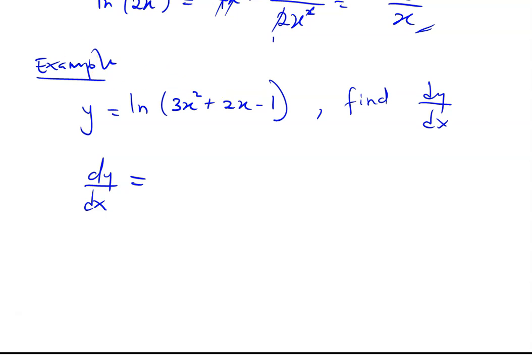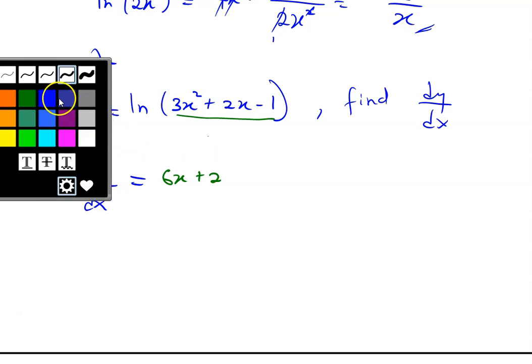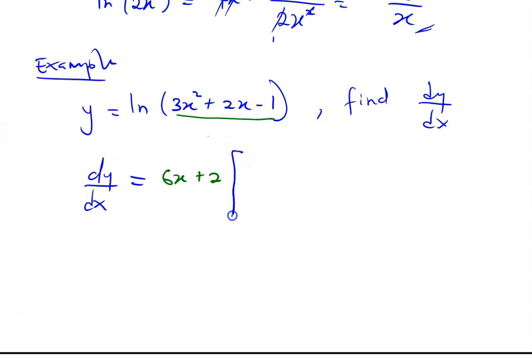You differentiate what is inside. So differentiating what is inside, I'm going to get 6x, since 3x squared gives 6x, plus 2. Are you okay? Then the remainder is going to be what is inside becoming a fraction of 1 on 3x squared plus 2x minus 1. Yes. So at the end, we are done.